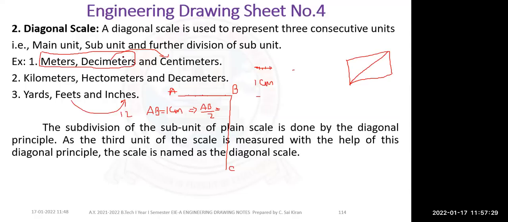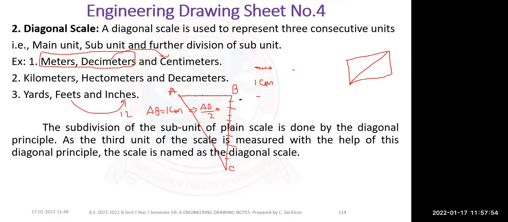If the problem is in metric units, you divide this BC line into 10 equal parts, and join A to C as a diagonal. If you consider ABCD as a rectangle, you join C to A, which is a diagonal.